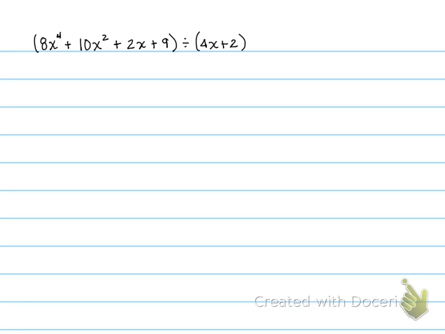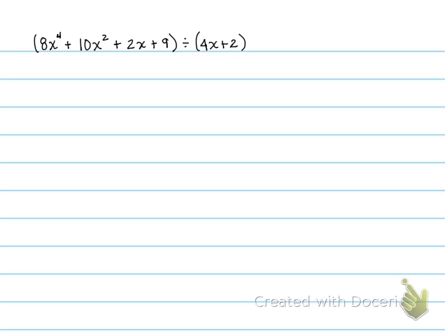So the first thing I check for is if I have missing terms, and in this case we do, right? We're missing a degree 3 term in our dividend. It goes 4, 2, 1, 0. We want it to go 4, 3, 2, 1, 0. So we're going to put a 0 in.